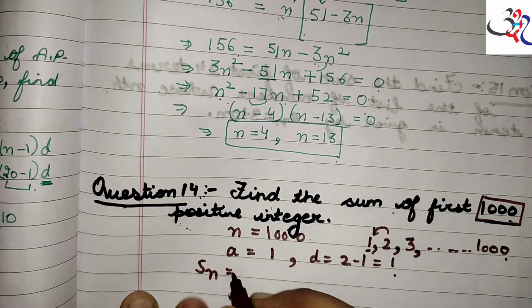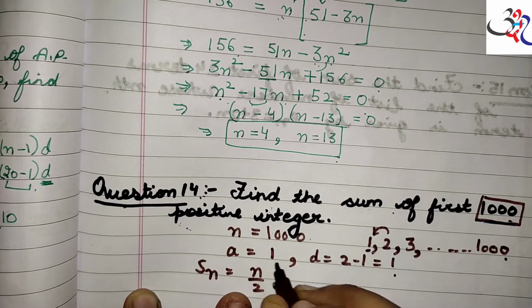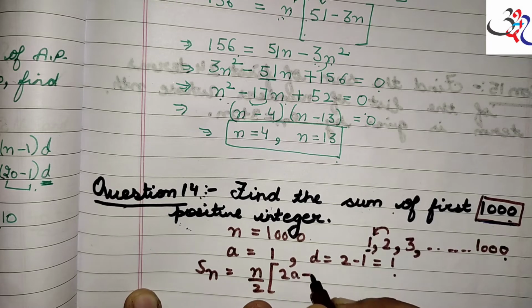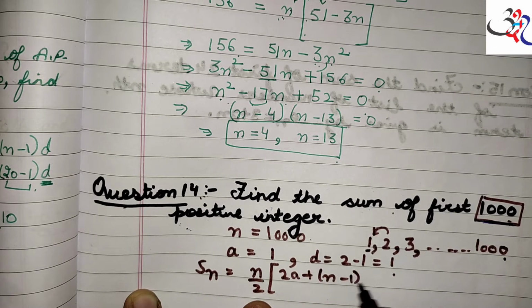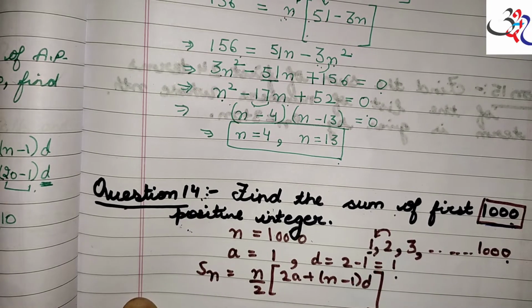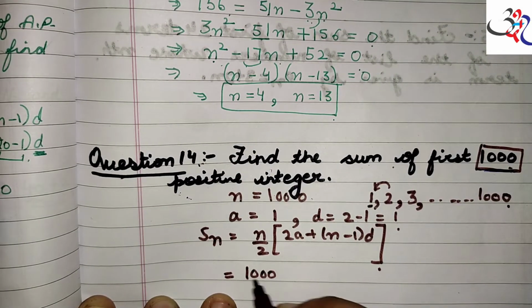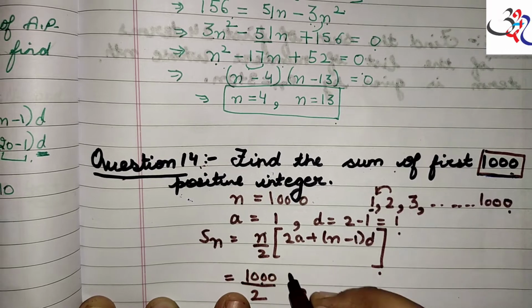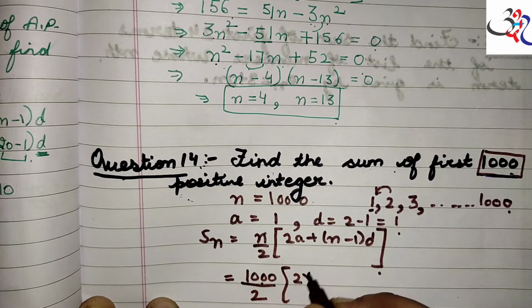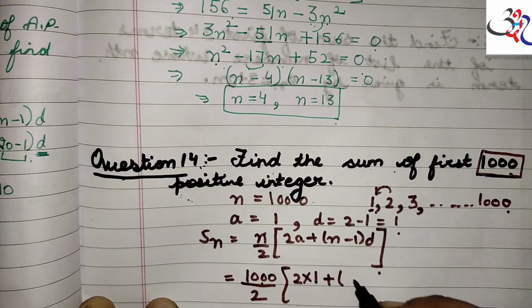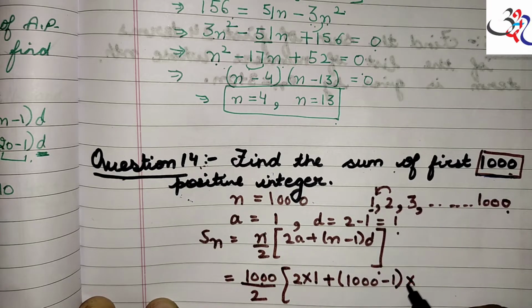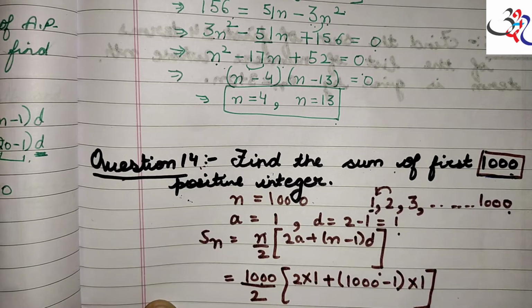To find the sum, the formula is Sn equals n by 2 into 2a plus n minus 1 into d. So now when you put in the values, you will get your final answer. N is 1000, into 2a, where a is 1, plus n is 1000 minus 1, into d, which is 1.